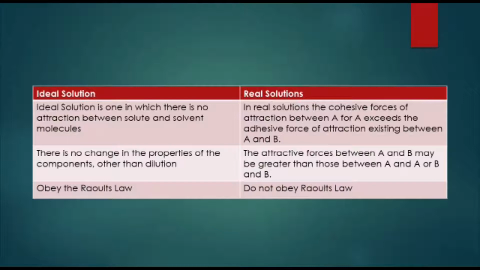The ideal solution obeys Raoult's law, while the real solution does not obey Raoult's law. So what is Raoult's law, we will learn in the upcoming slide, and we can see practically that there is no ideal solution, but in our daily life or in our lab scale we mainly have real solutions.